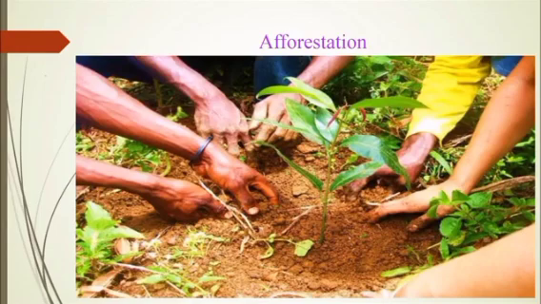Afforestation is the process of introducing trees and tree seedlings to an area that has previously not been forested. Afforestation can be done through tree planting and seeding, naturally or artificially. So here we can see the picture of afforestation.